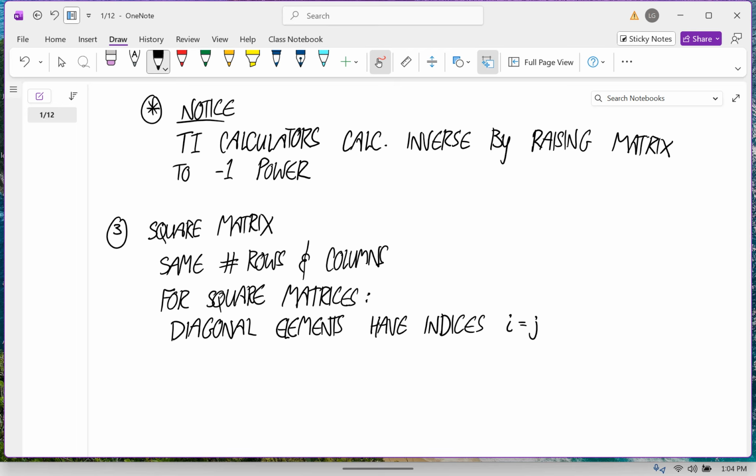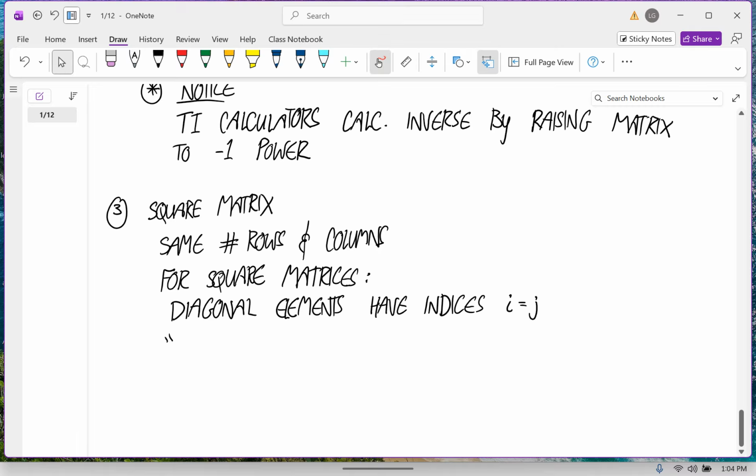So in a square matrix with 3 rows and 3 columns, the diagonals are the 1,1 element, the 2,2 element, and the 3,3 element. And the off-diagonal elements have indices where i is not equal to j.